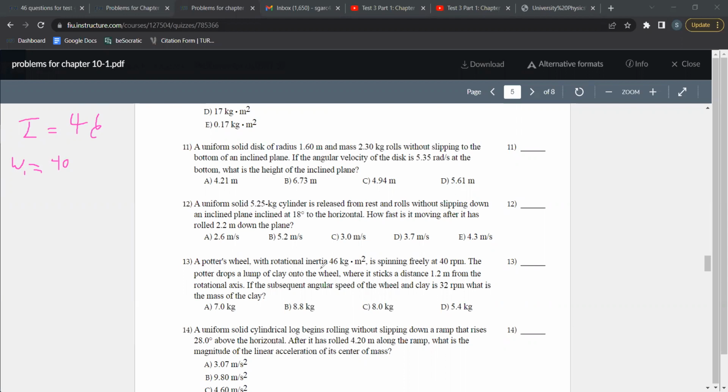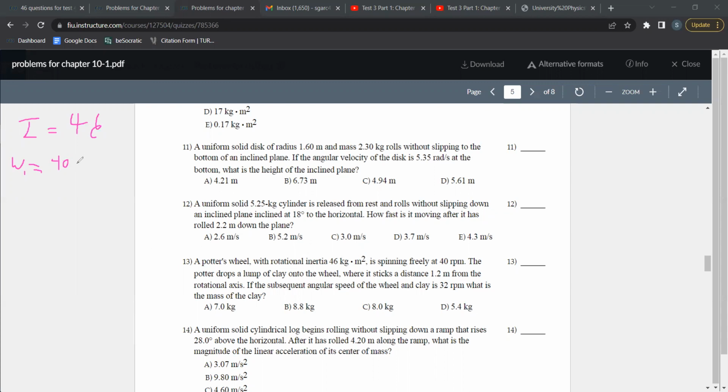The potter drops a lump of clay onto the wheel where it sticks at a distance of 1.2 meters from the rotational axis, and the subsequent angular speed of the wheel and clay is 32 rotations per minute. What is the mass of the clay? All right, that doesn't seem so bad.